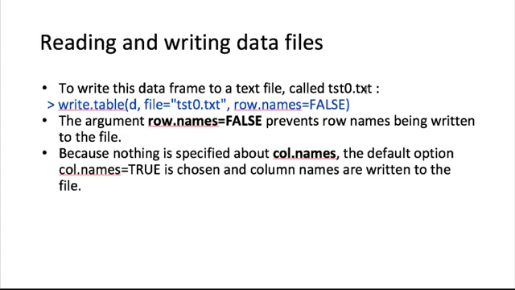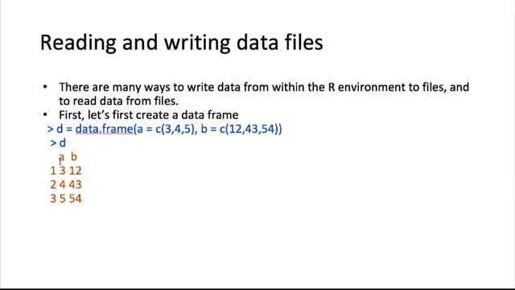And then I can also tell it that row.names is FALSE, and this prevents R from writing row names. The file as currently specified has these rows, row 1, 2, 3. Notice we only created 3, 4, and 5, and then 12, 45, 54.